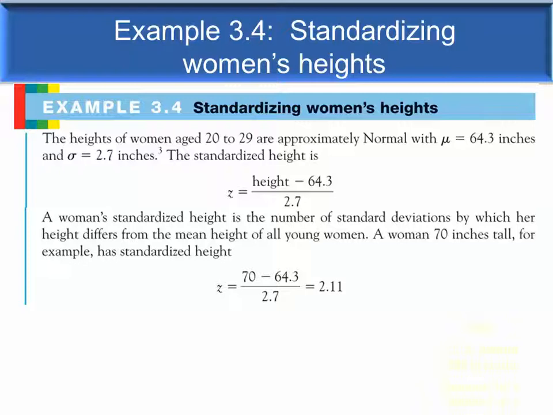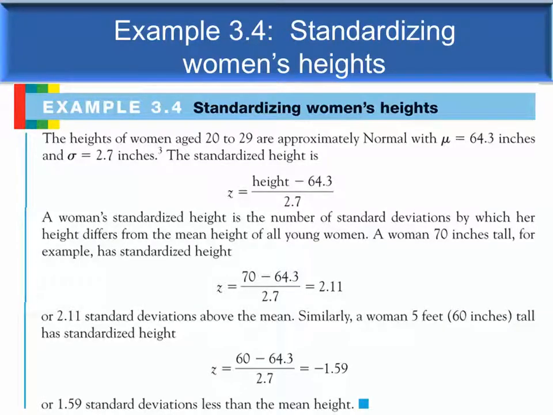So either do 70 minus 64.3 equals, and then divide that number by 2.7, or if your calculator has parentheses, do parenthesis 70 minus 64.3, close parenthesis, divided by 2.7. Either way you're going to get 2.11, which means this person's height is 2.11 standard deviations above the mean.